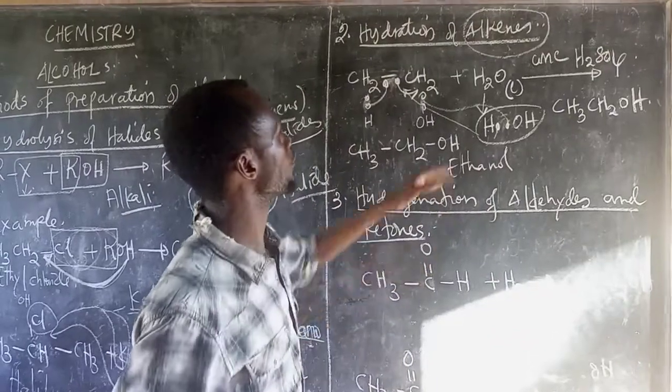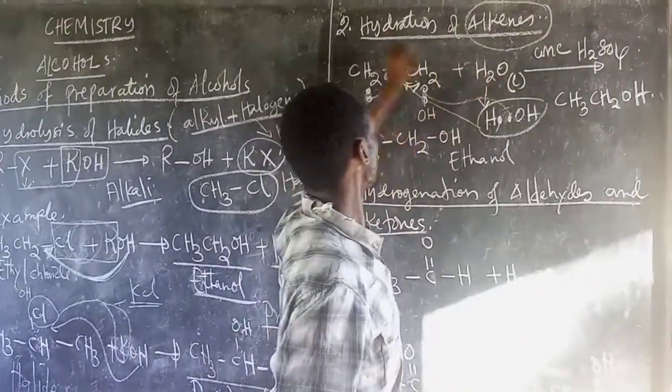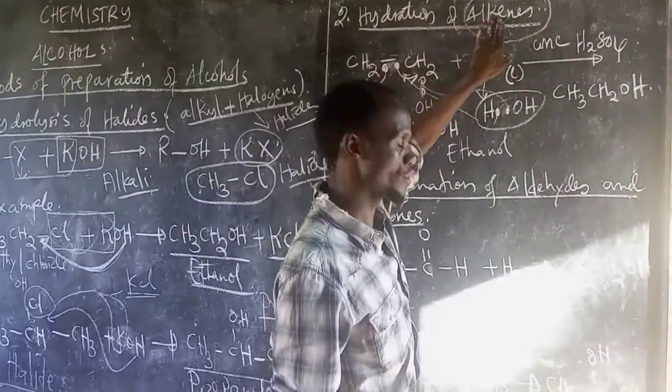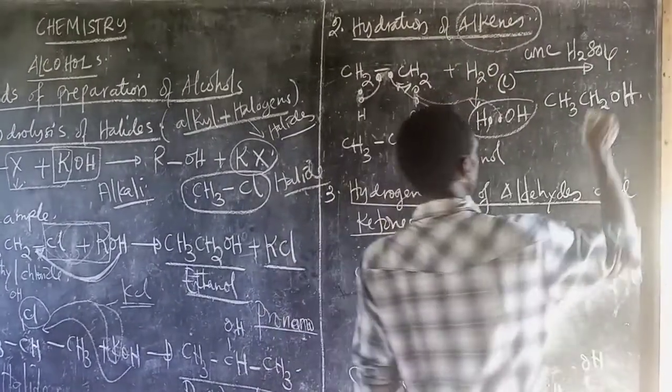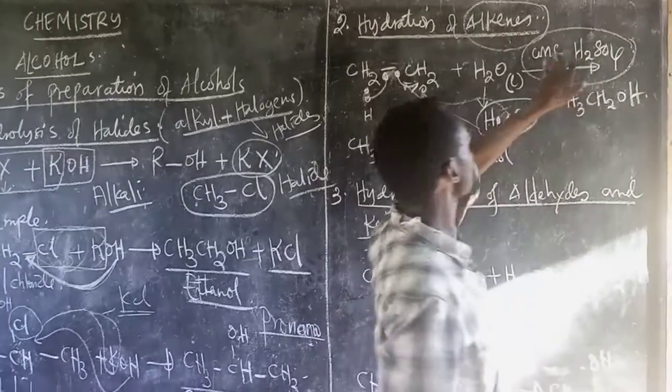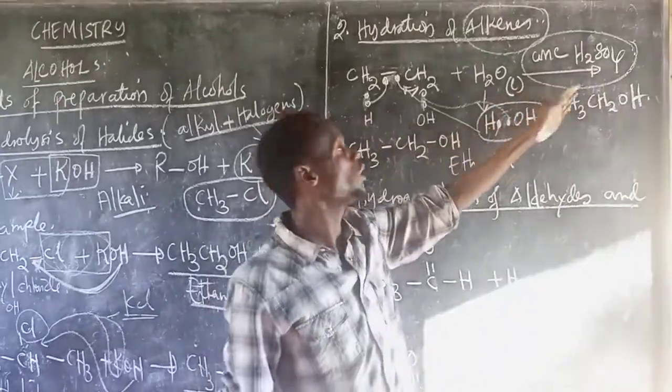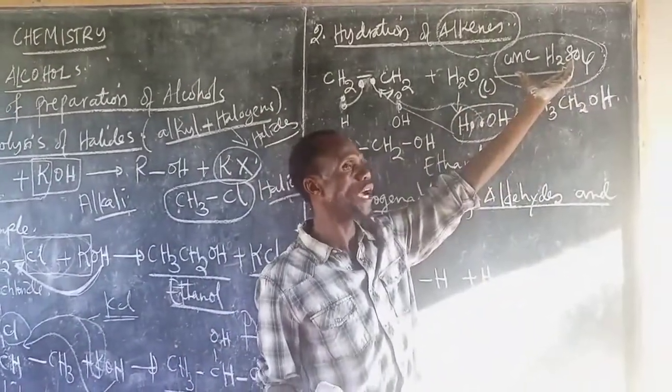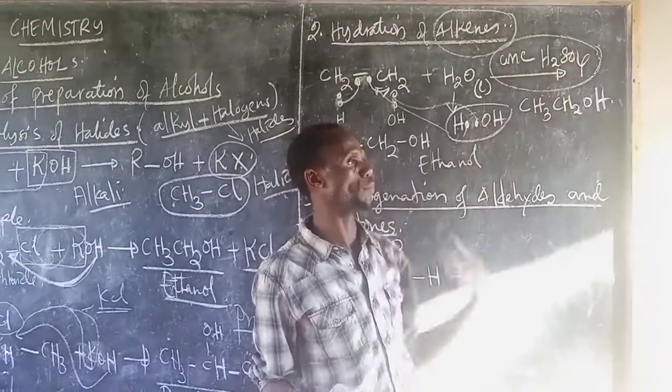This is the addition of water, that is, the hydration of alkenes. The catalyst is concentrated sulfuric acid, which is there to speed up the rate of the chemical reaction and does not alter the products.